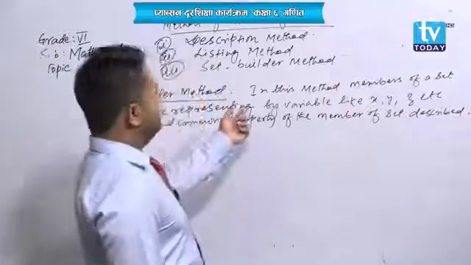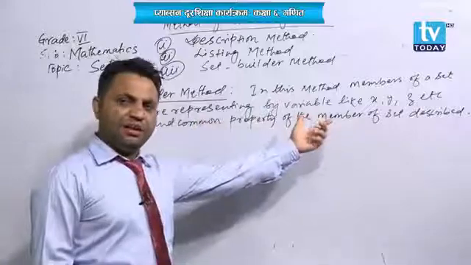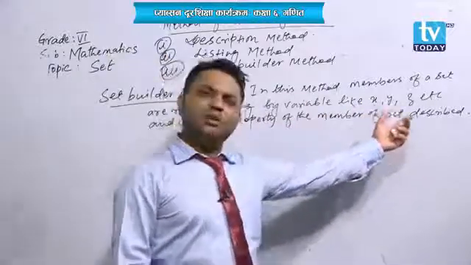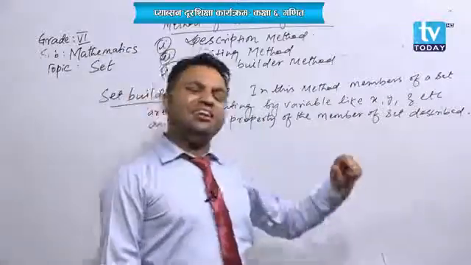Now here, the definition: in this method, members of a set are represented by a single variable. Either you can represent by small x, or by y, or by z, or by any other alphabet.